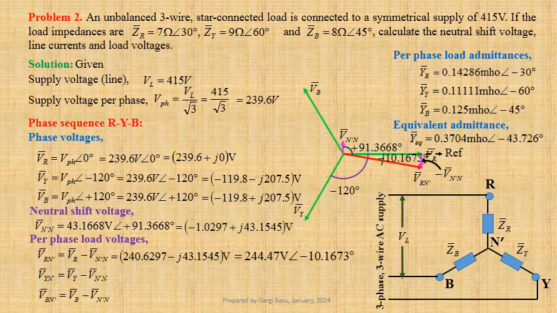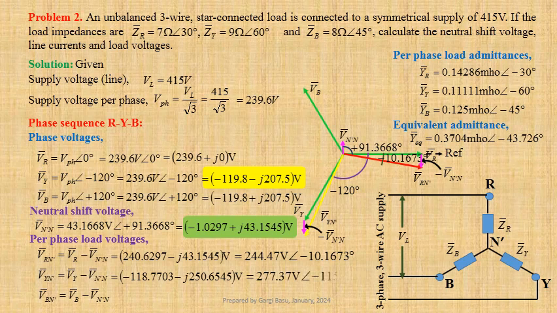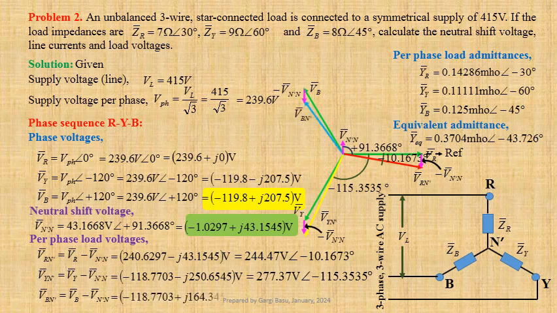Vyn dash equals minus 118.7703 minus j times 250.6545 volt. In polar form, this may be written as 277.37 volt at an angle minus 115.3535 degree, and Vbn dash equals minus 118.7703 plus j times 164.3455 volt.